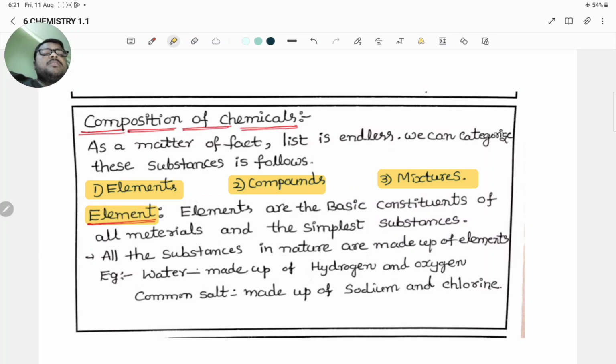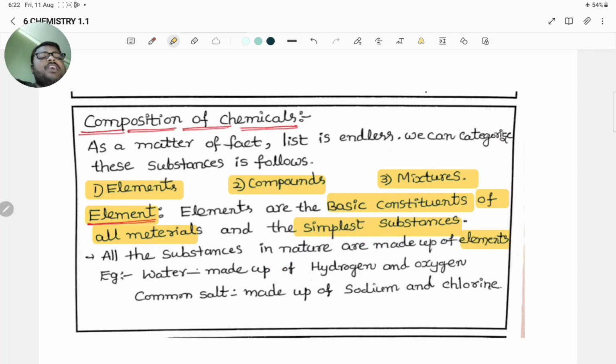Elements are the basic constituents of all materials and the simplest substances. All the substances in nature are made up of elements only.